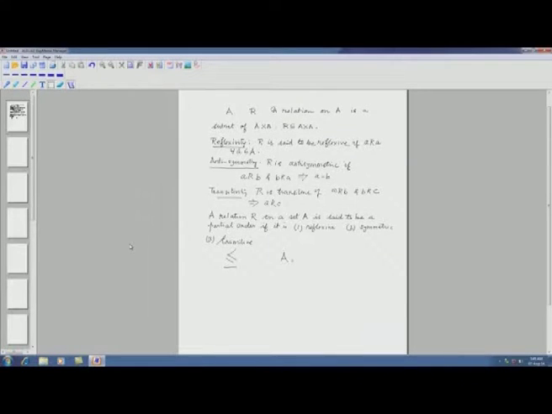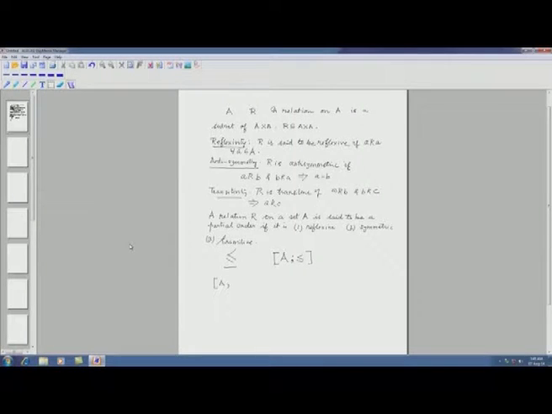So, if I have a set A on which a partial order denoted by this less than or equal to symbol is defined, then we will write this whole system as A, semicolon, less than or equal to, all in brackets. When I say this, I can say that this is a partially ordered set.